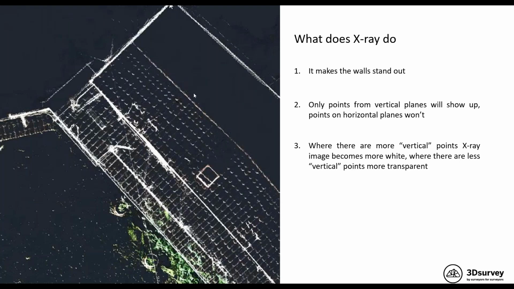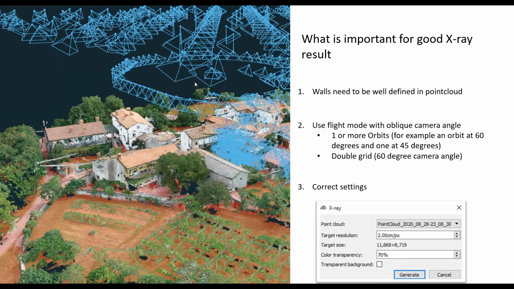Now, what is important for a good X-ray result? Obviously, it will be very important that we have walls defined pretty well. So we need to have a point cloud created so that the walls of objects will be seen. For that, we need to have some flights with oblique camera angles. One or two orbital flights should be enough.